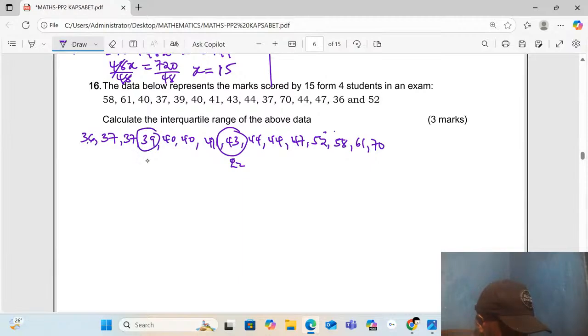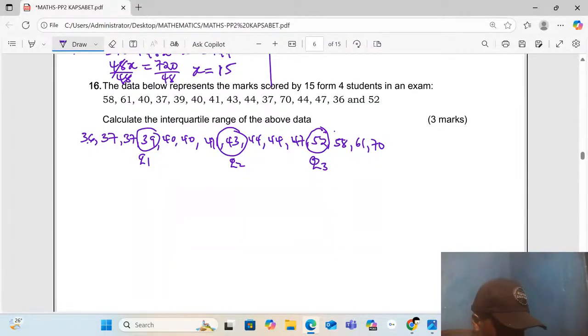This is now Q1. Then Q3 is the middle value in the last quarter. So we shall count the fourth from behind: 1, 2, 3, 4. So 52 is our Q3.